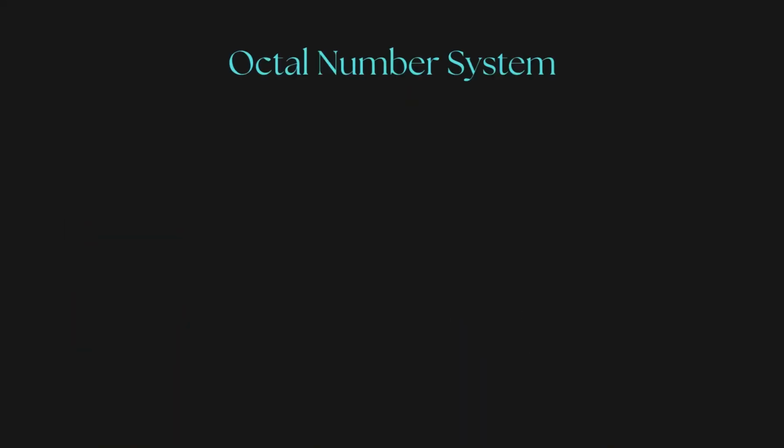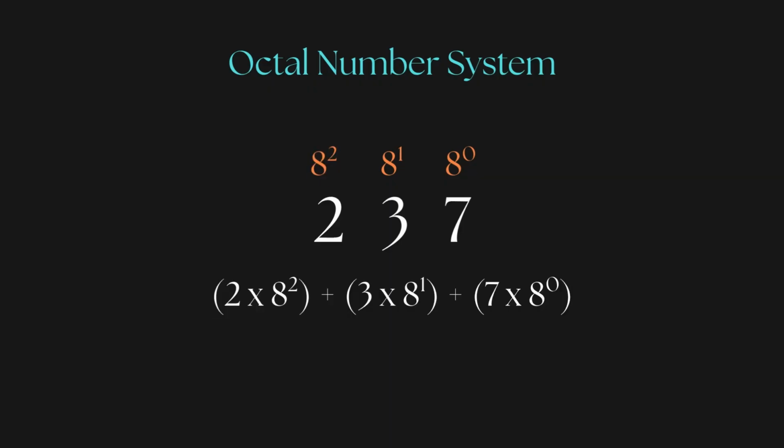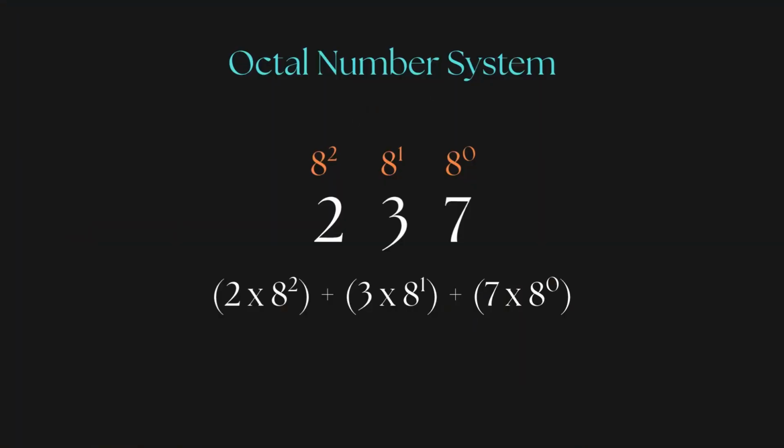For example, to convert 237 in octal to decimal, we write the expanded form using powers of 8 as previously done in binary and decimal, and then add all the terms together to obtain our decimal version of that number, which is 159.